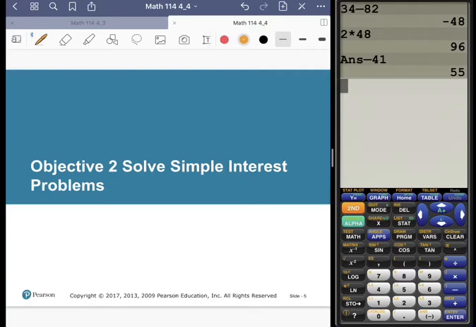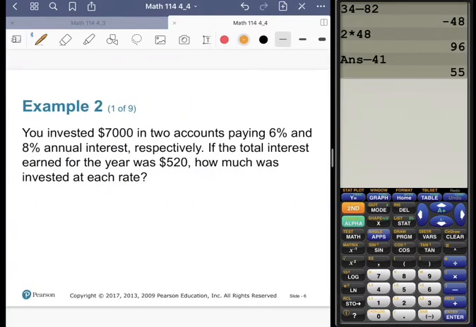Some examples of those would be title loans, or pawning an item, or simple interest loans. And they're horrible because interest can go up to 1,000%. So be careful with that.